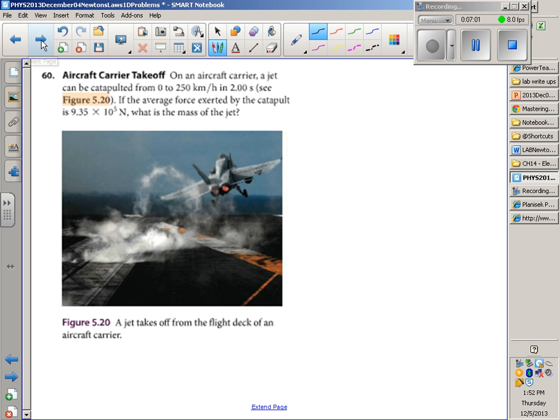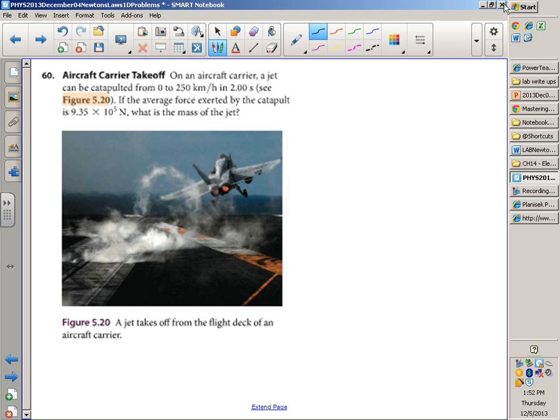Next question. Next question is one that doesn't appear on your sheet, so we're just going to go through it up here. This is on page 181 of your book, which is the end of chapter 5. Number 60, it says, on an aircraft carrier, a jet can be catapulted from 0 to 250 kilometers per hour in 2.00 seconds.